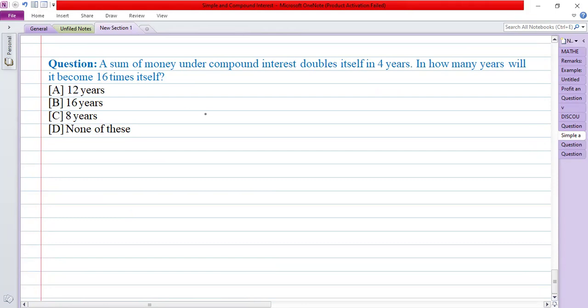So this is one more question here. Once again we have P into 1 plus R by 100, whole raised to power 4, that is given to be 2P. Now we can cancel out P on both sides. After that, I need 16 times, so I will raise both sides to power 4. This side 2 raised to power 4, and this side also raised to power 4.